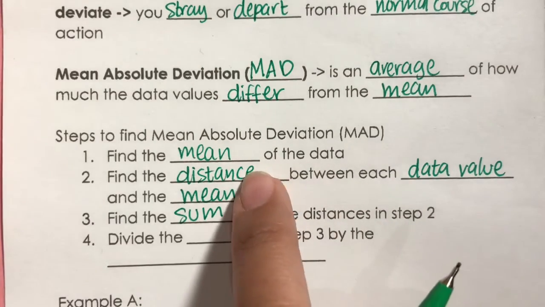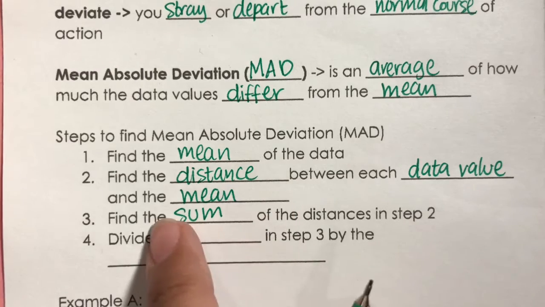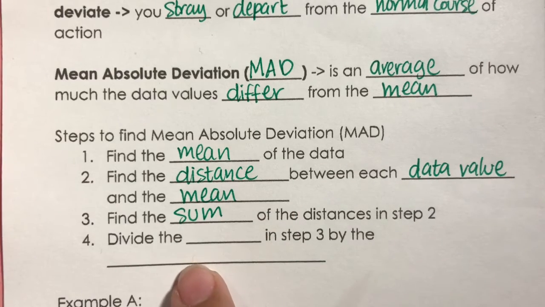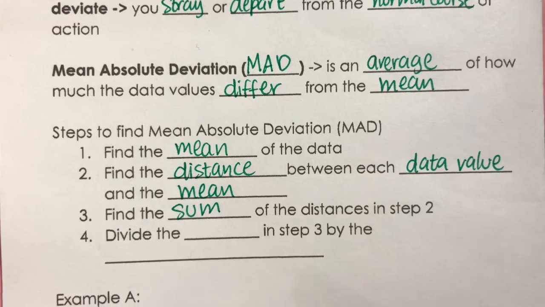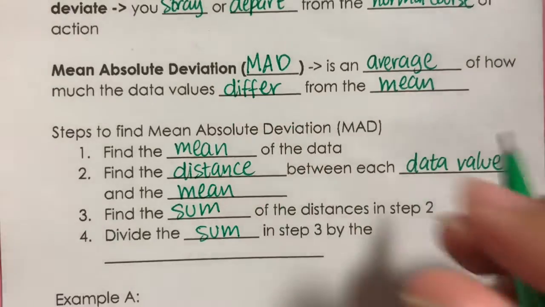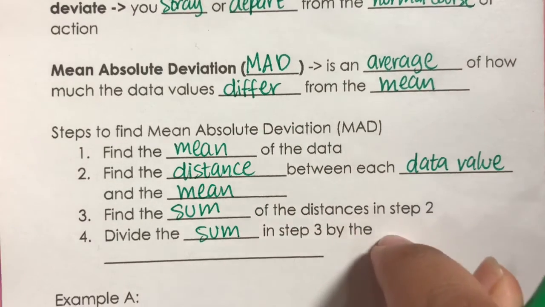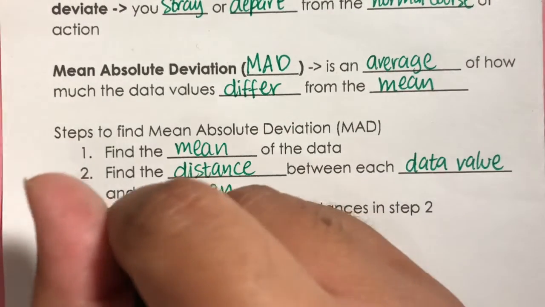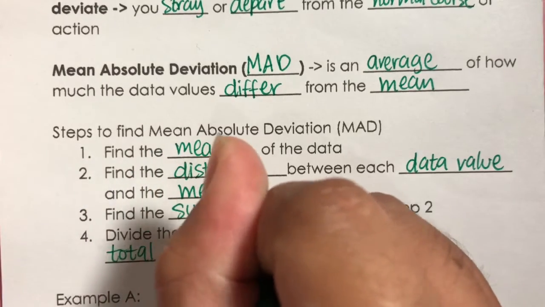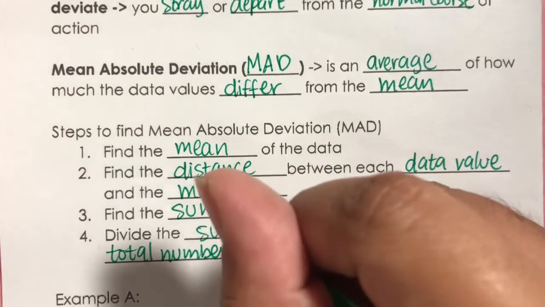So all the distances we find in the second step of our process, we're going to find the sum of it. Okay, for step 4, we're going to divide the sum in step 3 by the total number of data values.